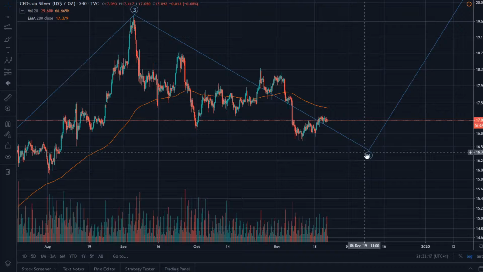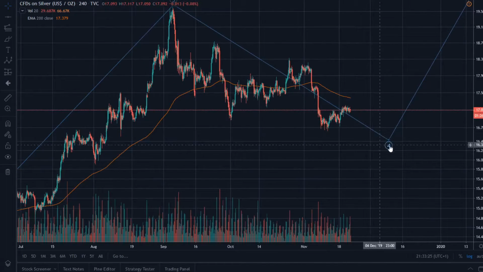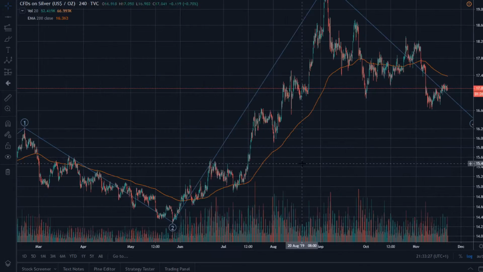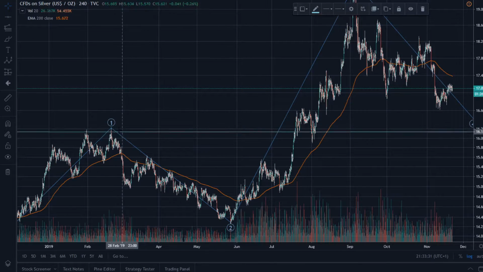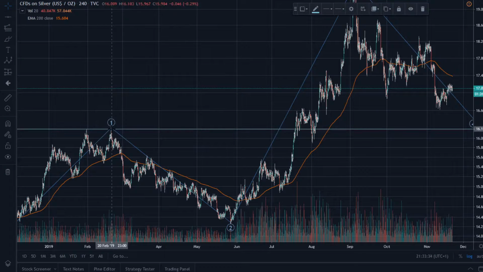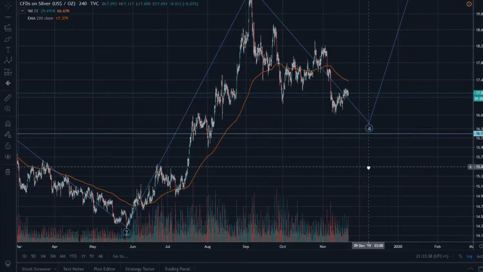I think so. That's at least what I'm speculating on. Obviously, if we reach this level, which is pretty close to the make or break, around 1620-ish, this area, this would be obviously pretty close.